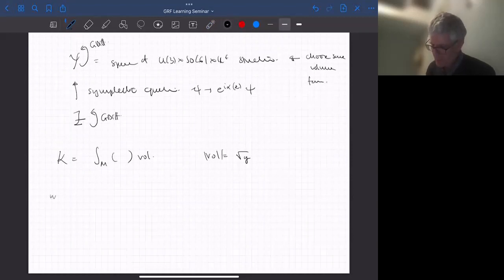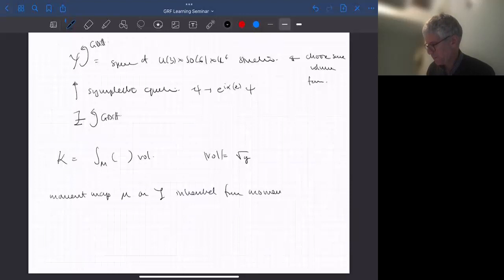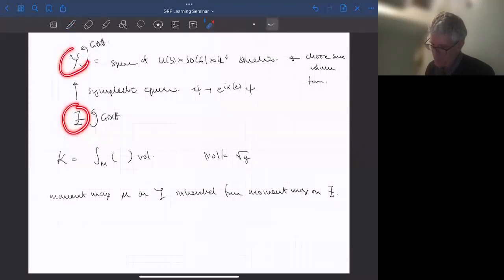So there will be some moment map mu on Y, which is inherited from the moment map on Z. And you will be able to reinterpret that moment map as the extremization of some Kähler potential. So I think that's really all I want to say, but there should be some way of going from the moment maps I've written down on this space to moment maps on this space.